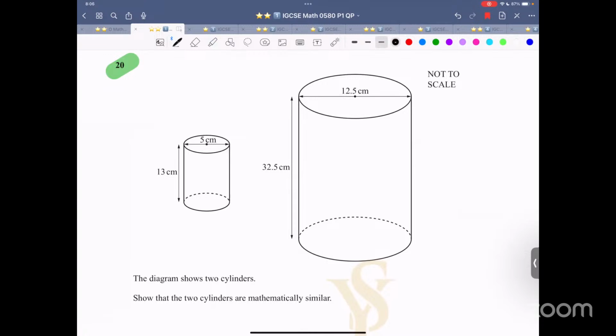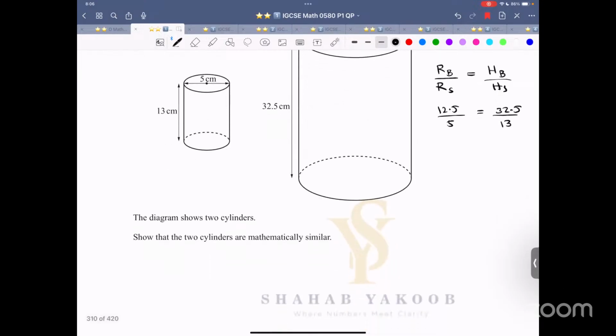So radius big divided by radius small should be the same thing as height big divided by height small. Radius big is 12.5. Radius small is 5. Height big is 32.5. Height small is 13.